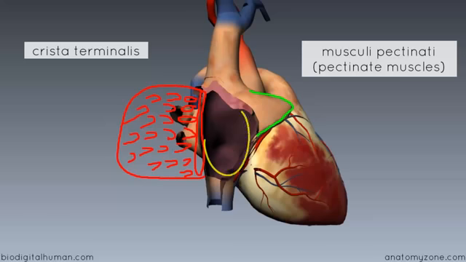So you've got this smooth posterior wall which is formed from the embryonic sinus venosus, and in the adult it's known as the sinus venarum. Then you've got this line of union internally, the crista terminalis, a smooth muscular ridge. And anteriorly you've got the ridged muscular wall, the pectinate muscles, which extend into the right atrial appendage.